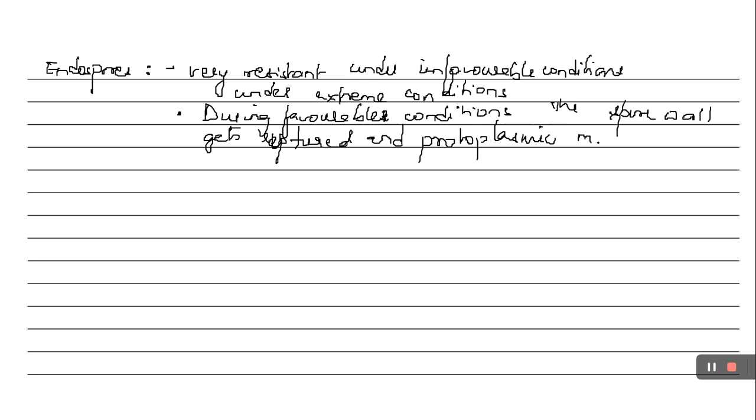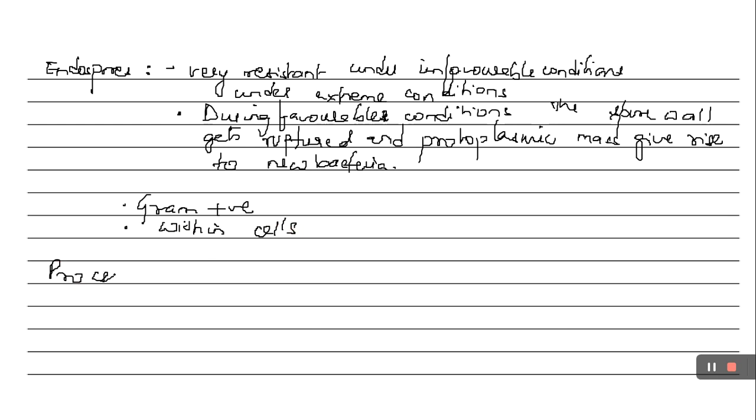So what we talked about endospores is that they are formed by gram-positive bacteria, within the cells. What is the process?